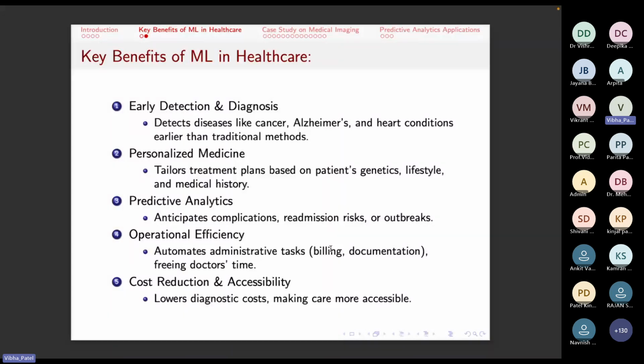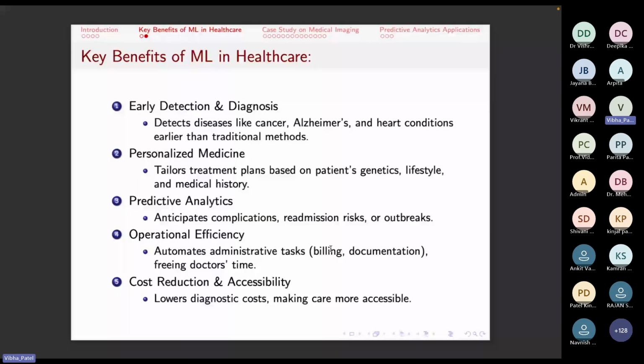Another is predictive analytics, which can anticipate various complications beforehand. You can consider the example I illustrated as predictive analytics: what are the repercussions of giving a high dose painkiller to this patient? Can it lead to any kind of complications? Anticipation of complications beforehand could have saved the life of the patient.